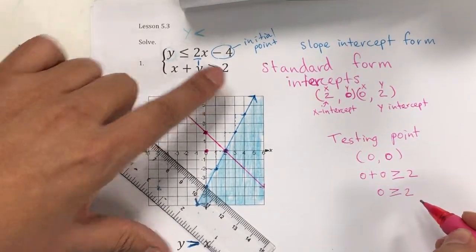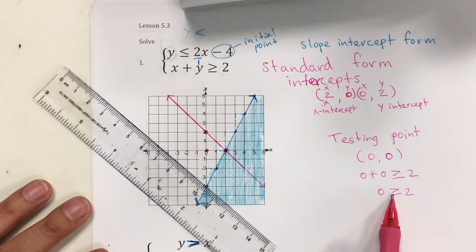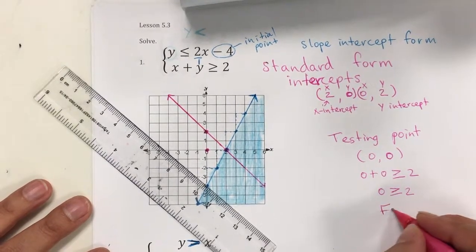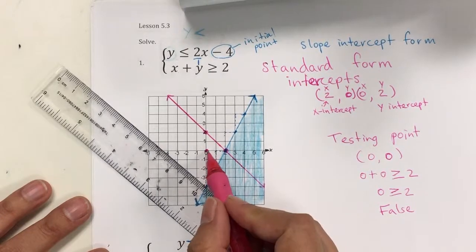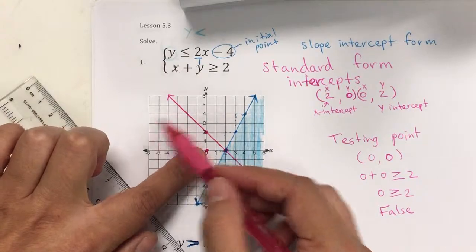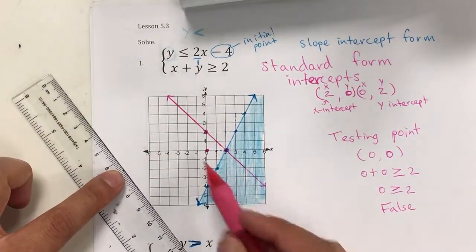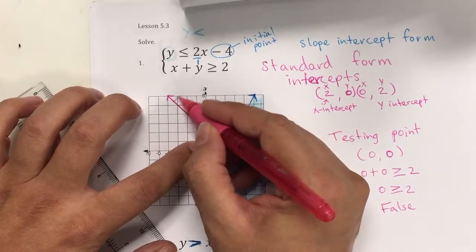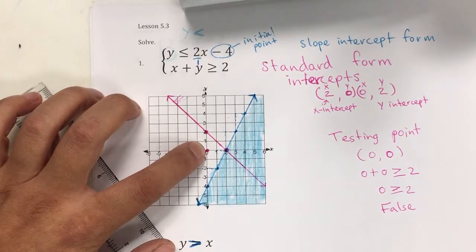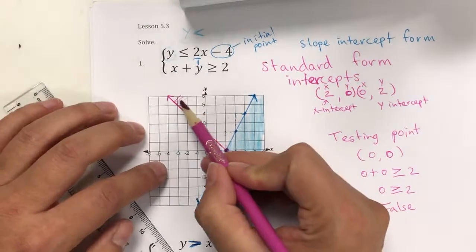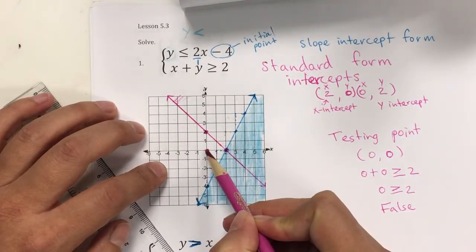Is 0 greater or equal than 2? We say no. 0 is less than 2. So this is false. So since this point is not a true solution, that means none of the points on this side of the line are true solutions. So I'm going to go over to the other side of my line, and that's where I'm going to put my shading.